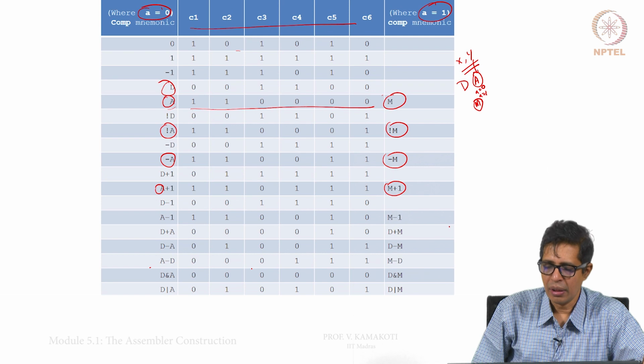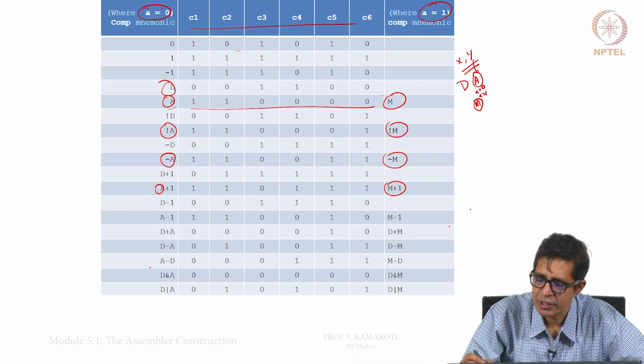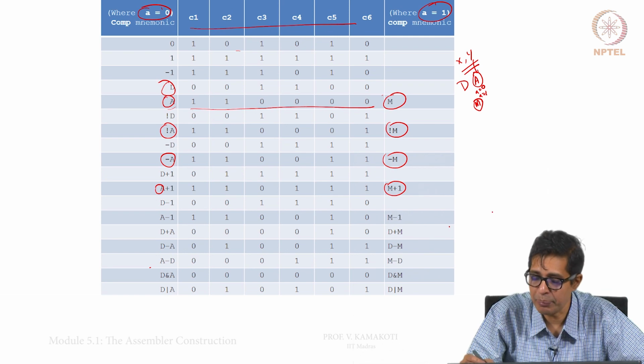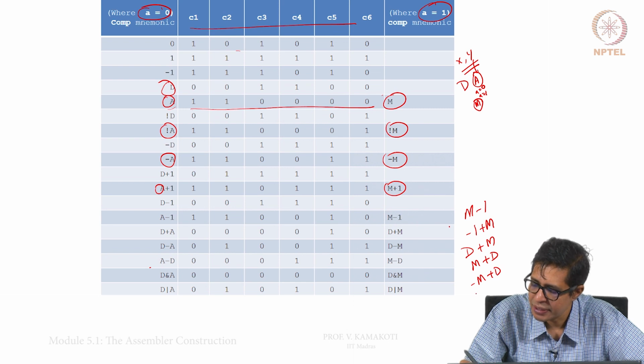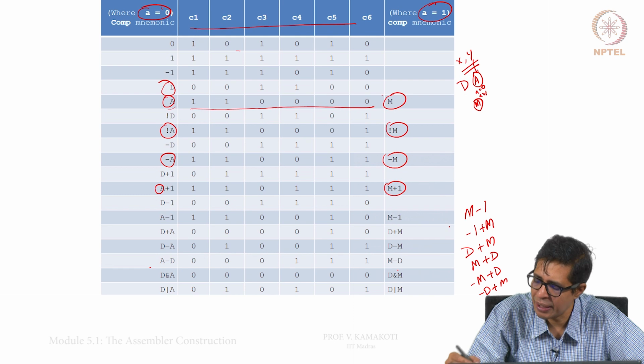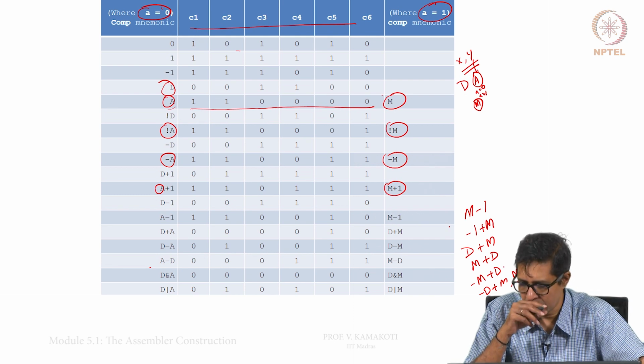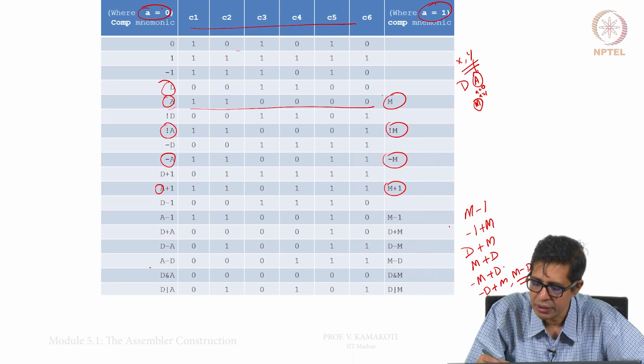Now, the challenge is, if I want to write a very robust assembler, I may write M minus 1, I can also write it as minus 1 plus M, I can write D plus M, I can write M plus D, I can write minus M plus D, minus D plus M, I can write M minus D. So, all these things are possible.